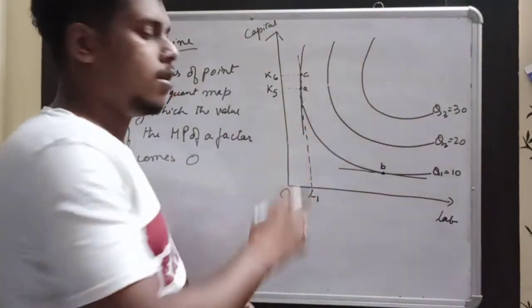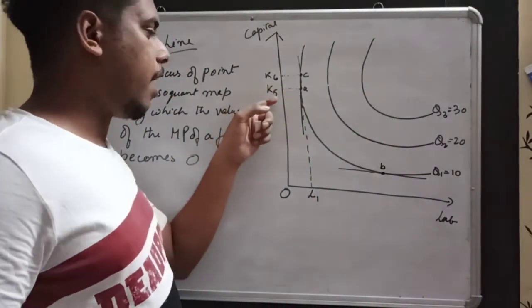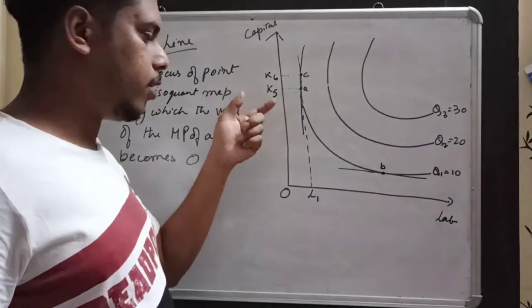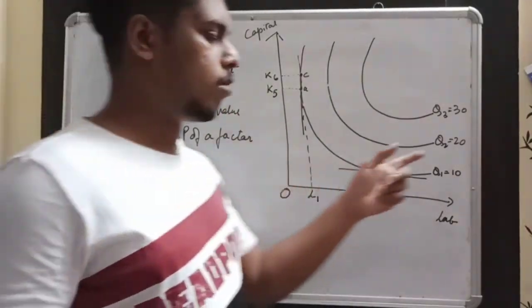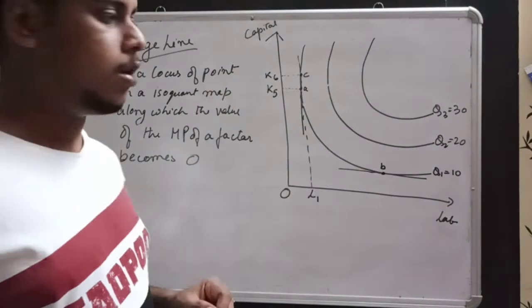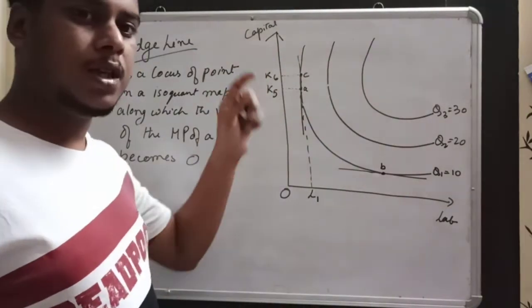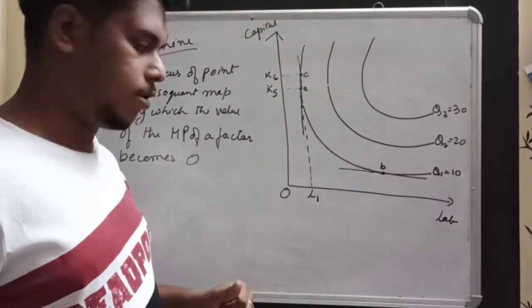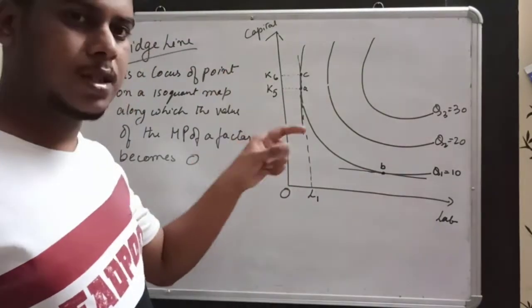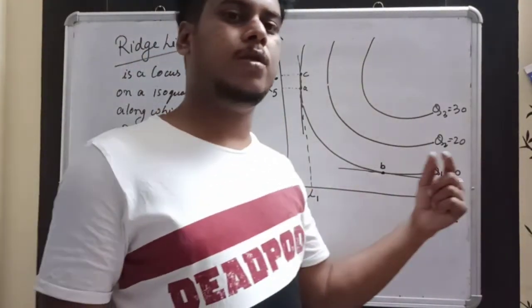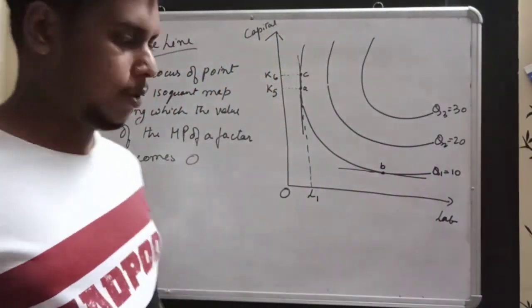At point A you are using 5 capital and 1 labor, and by using this combination you are able to produce 10 units of output. At point C you are using 6 capital and 1 labor, and by using this combination you are again able to produce 10 output.